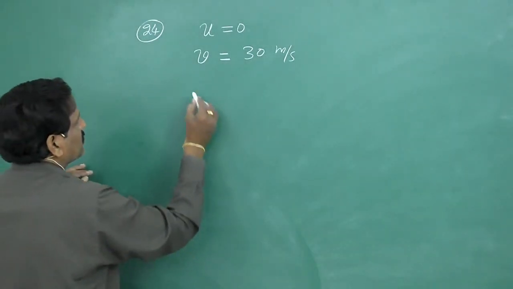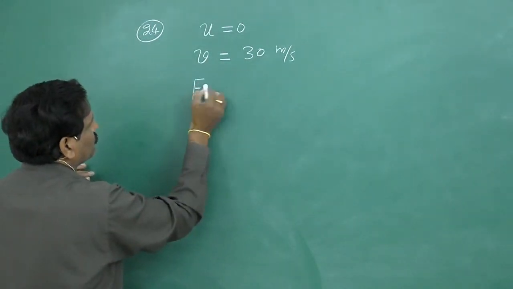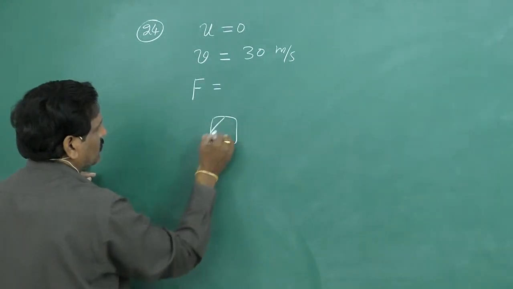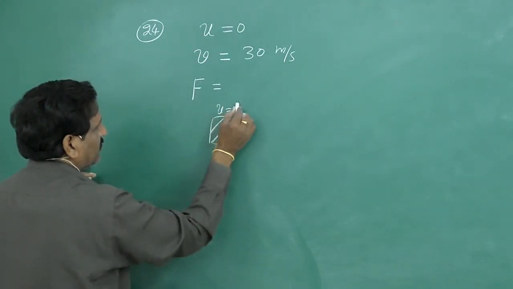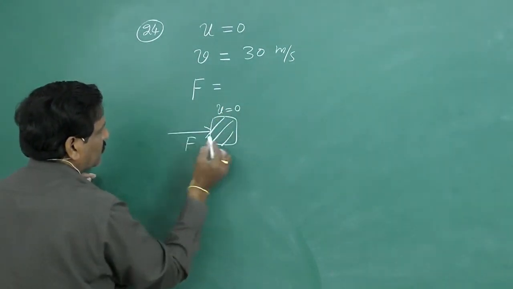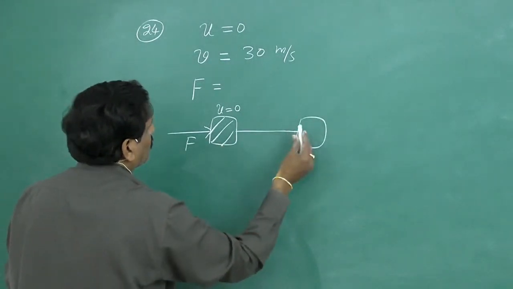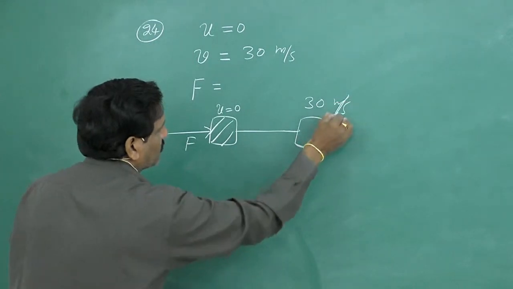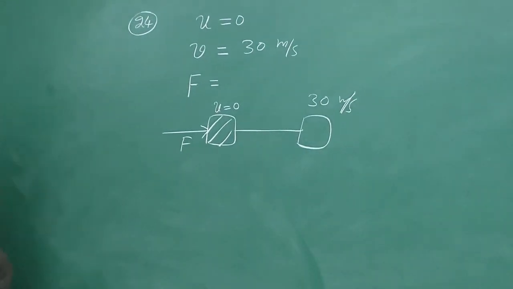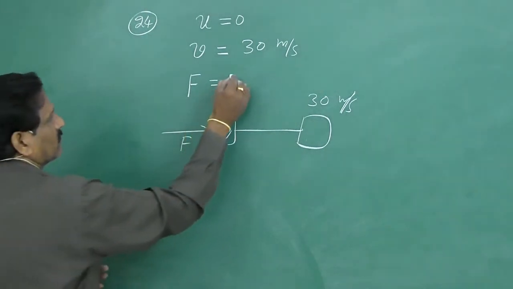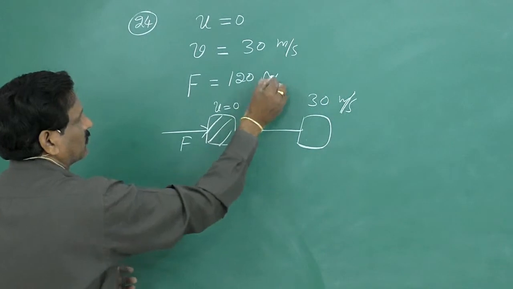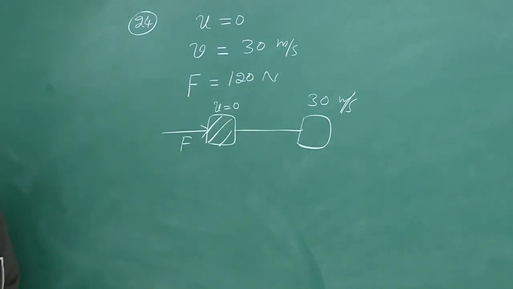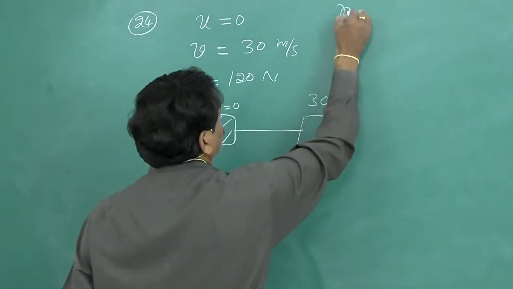When this object, initially at rest, is subjected to a constant force, it applies until the body acquires a velocity of 30 meter per second. So initial velocity is 0, final velocity is 30 meter per second, and the constant force here is 120 Newton. Mass of the body is 60 kg.